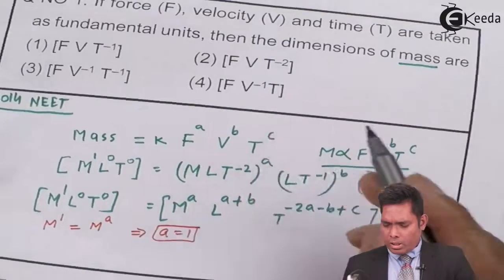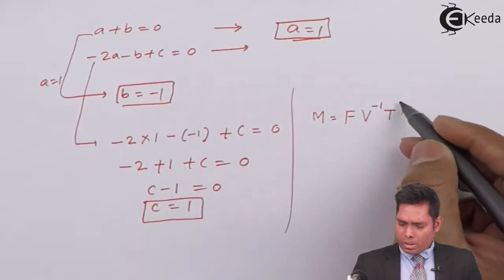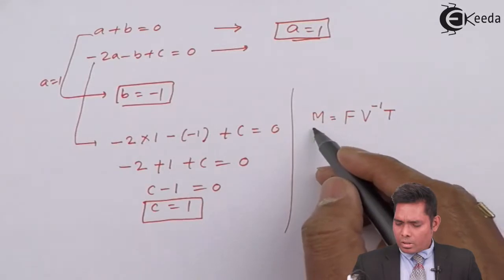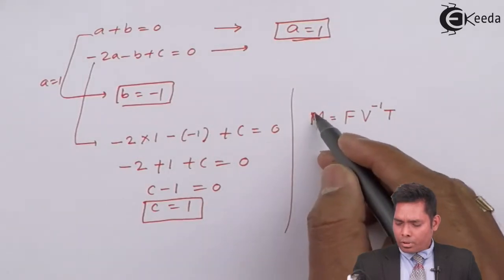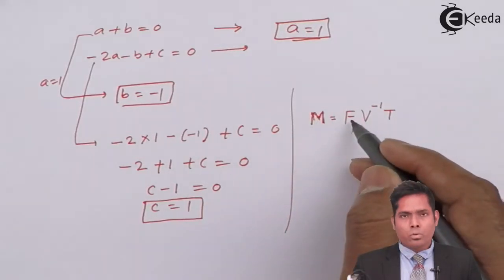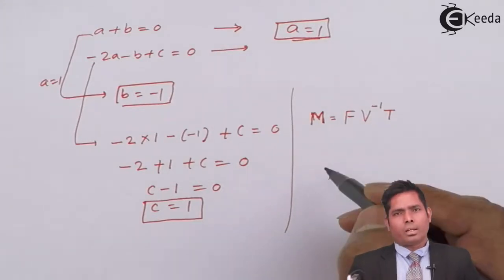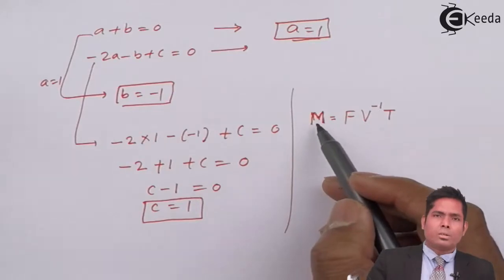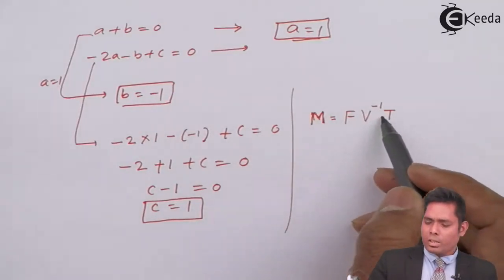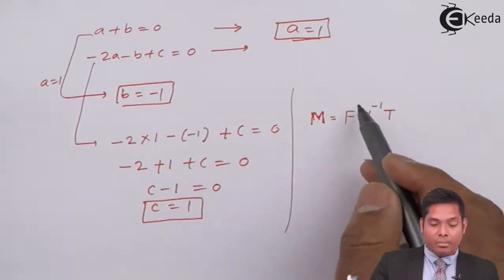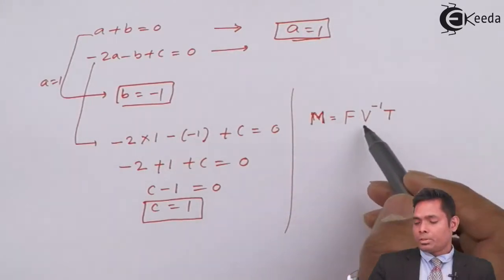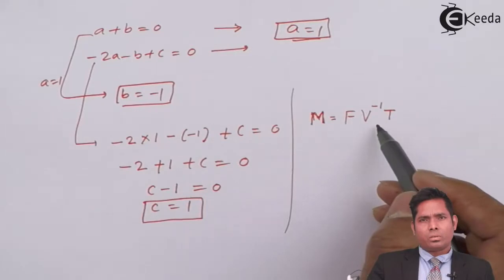T to the power C, C is 1, so nothing is there. So this is the final expression for mass in terms of force, velocity and time. So if I want to write the mass in terms of force, velocity and time, taking these as the fundamental quantities, then mass will have this representation.